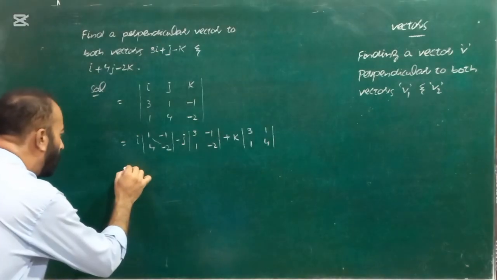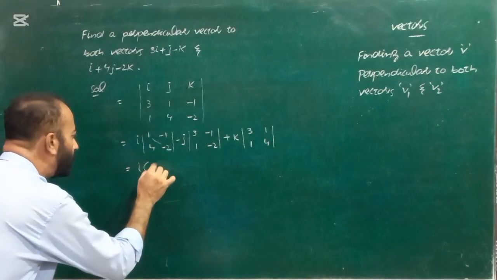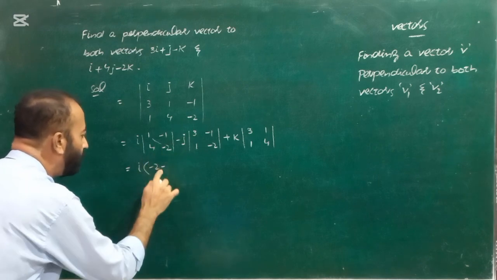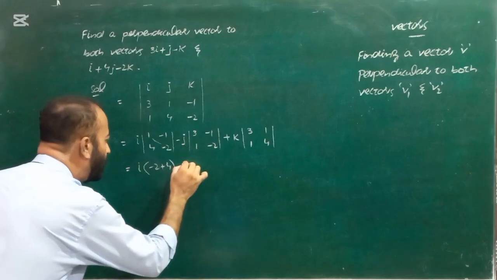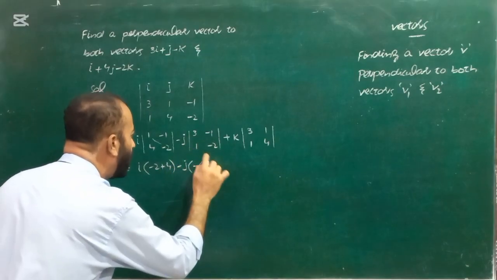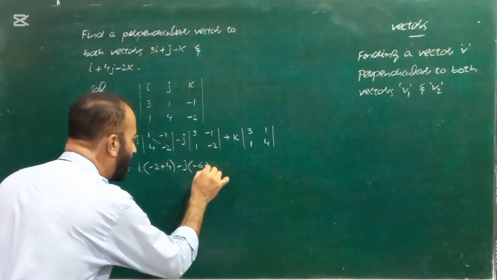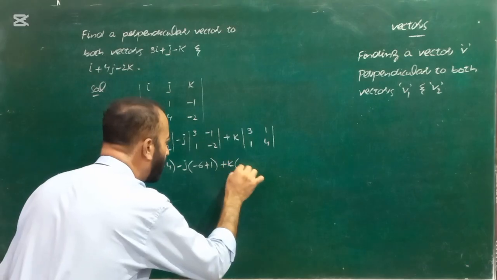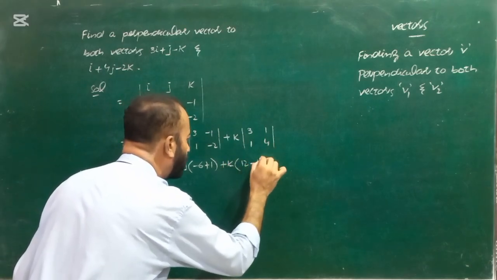Now open the determinant as usual. So i into minus 2 minus, this will make minus 4, because of this it will become plus 4, minus j, minus 6 minus, this is minus 1, so because of this minus sign it will become plus 1, and plus k, this is 12 minus 1.